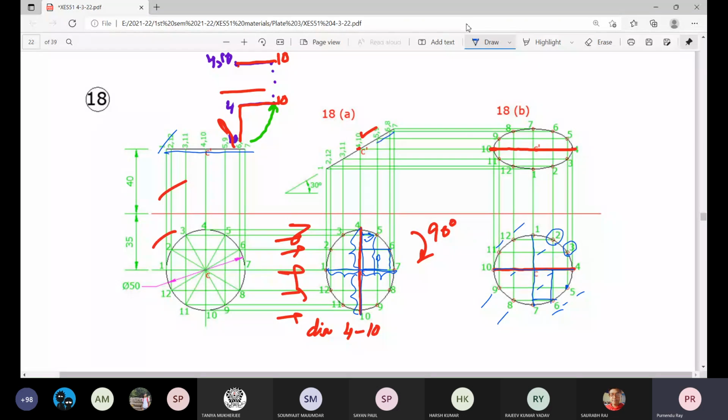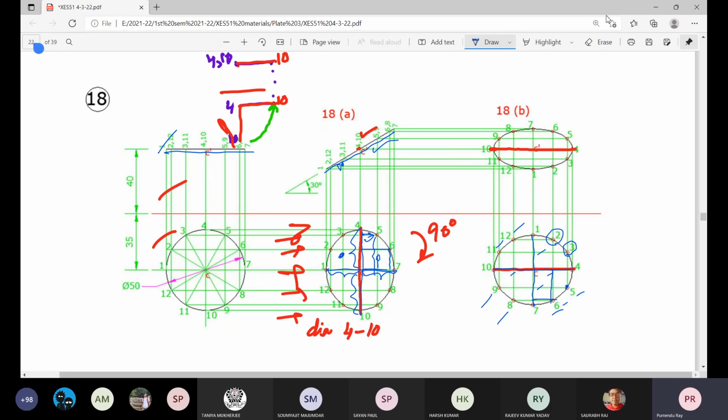Here also it is inclined to HP but perpendicular to VP. We get it in this full straight line form. So full information: any point located on this circular plate is on this line.